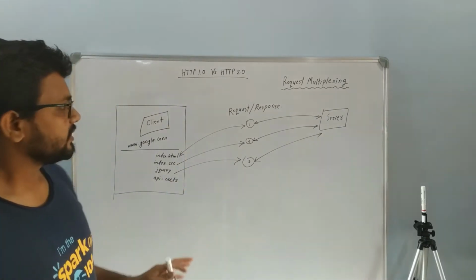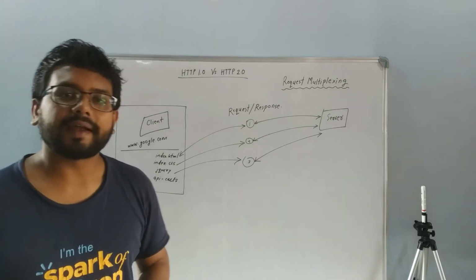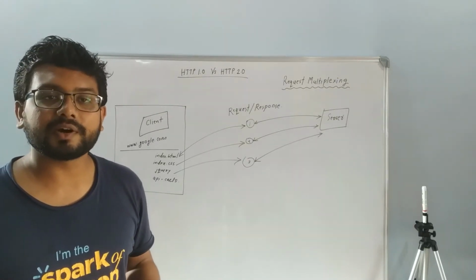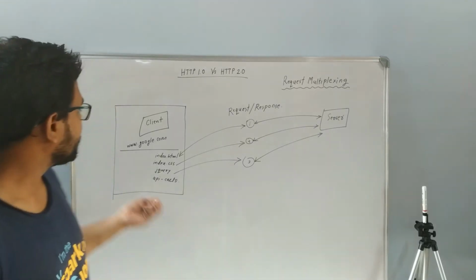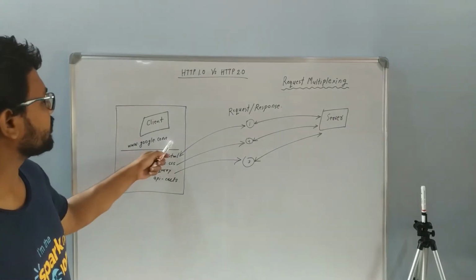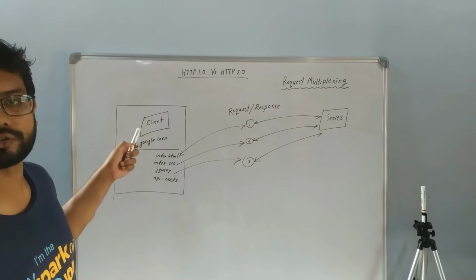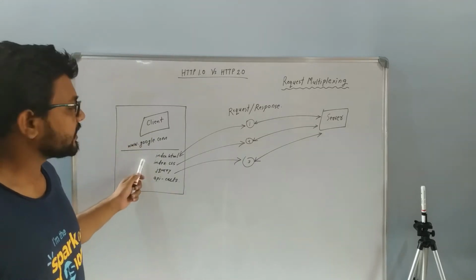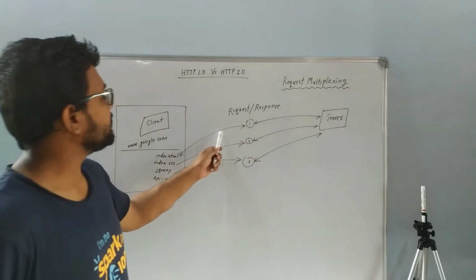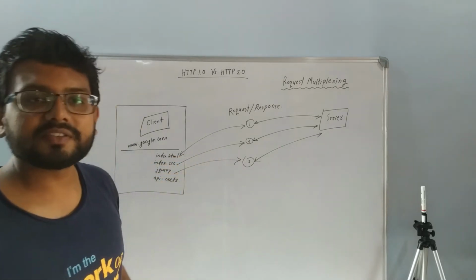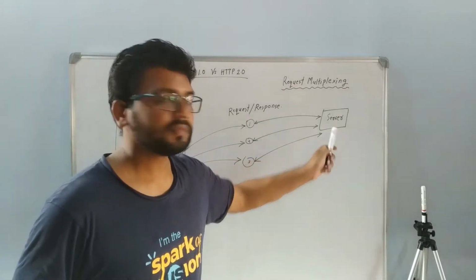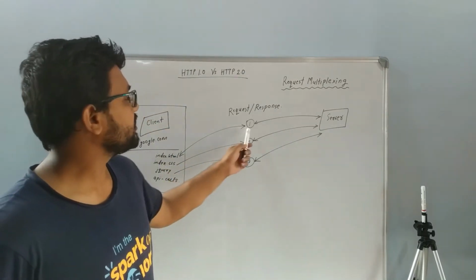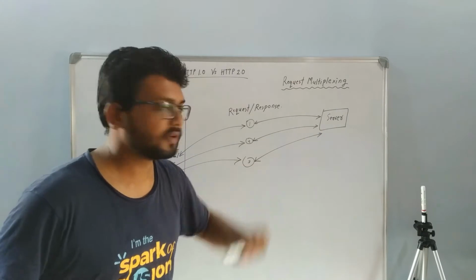So presently, whenever you enter some URL into your browser, let's say you enter www.google.com, whatever browser you use, the client first establishes a TCP connection with the server, and in that TCP connection, it sends the HTTP request to the server.